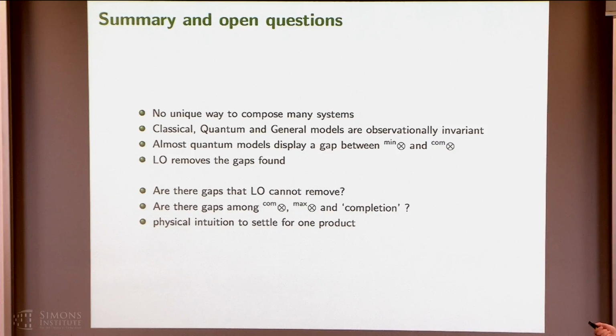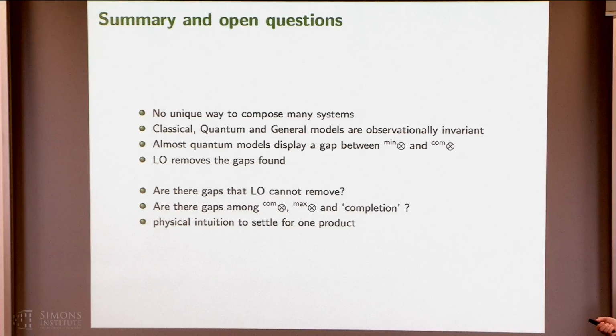So there could still be gaps that local orthogonality might not eliminate. One possible thing to do is to study other multipartite scenarios, other Bell inequalities, and try to see if we find a counterexample to the fact that LO removes the gaps.